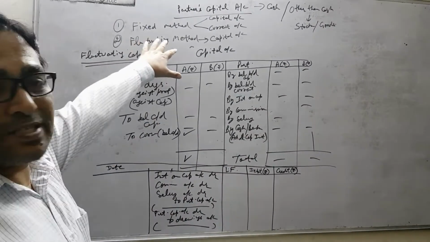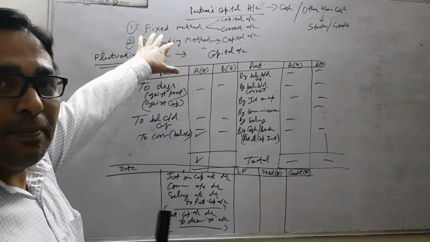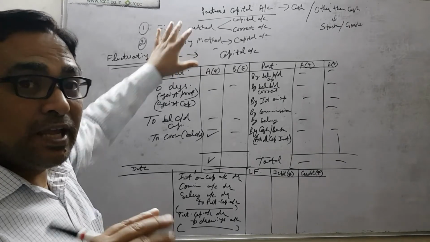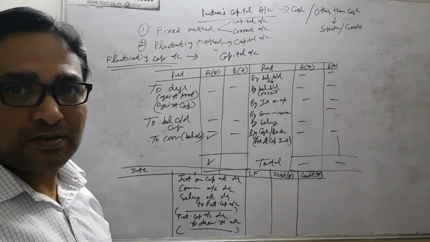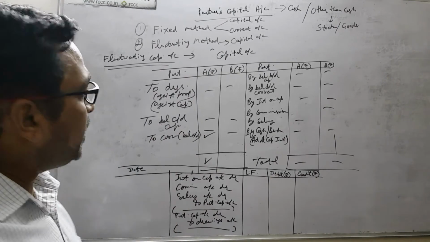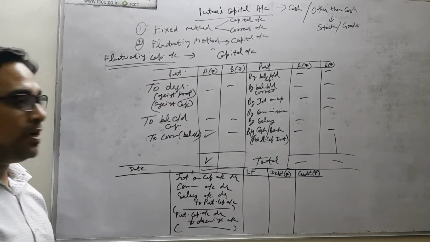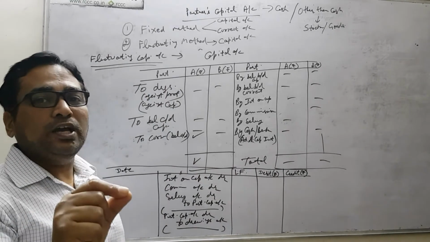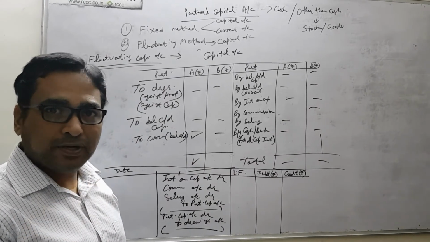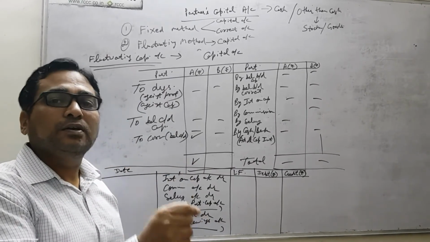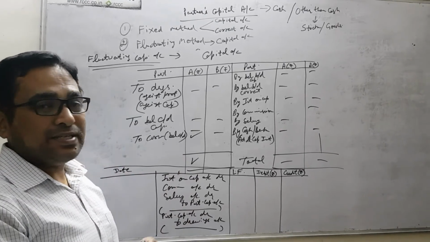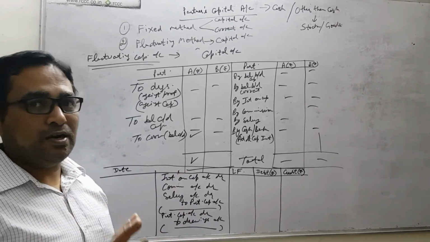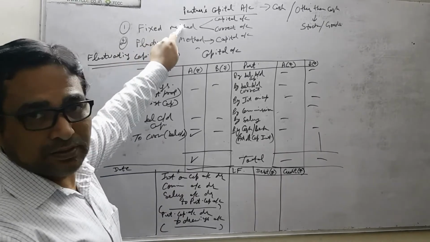Because the fixed capital method states that capitals remain fixed for any expense or any income that a partner makes, right? So it remains fixed means that we only have to add capital or subtract the drawings of capital.